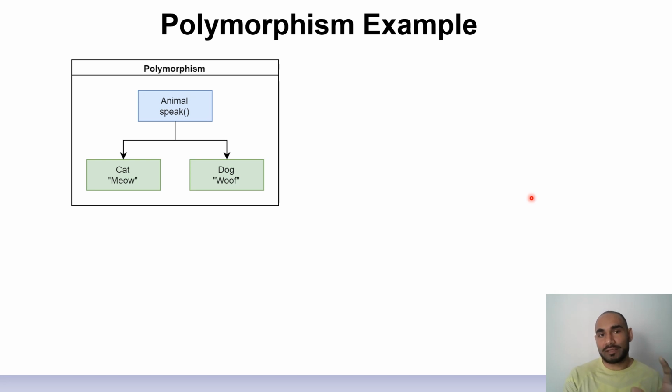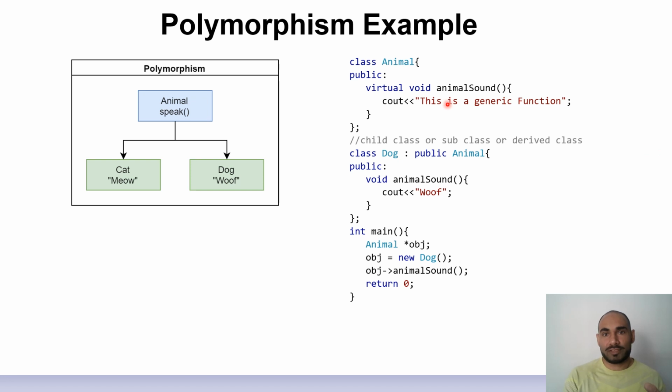So in order to build this class hierarchy and to understand polymorphism, we define this class animal, and then we define this virtual function animal sound or speak. This is a generic function, of course, and any class that is extending the animal class would need to override this member function.